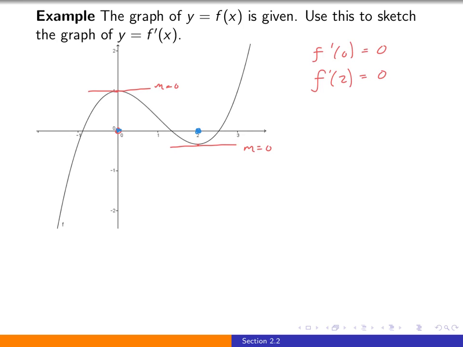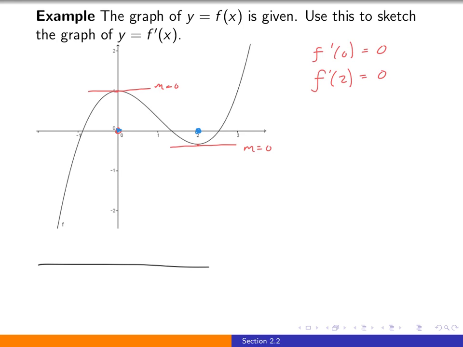Those correspond to the only 2 points on the graph with a horizontal tangent line. So what we need to do is think about what happens in between. In between these zeros, the derivative function is going to be positive or negative, and we need to decide based upon looking at the slopes of tangent lines.